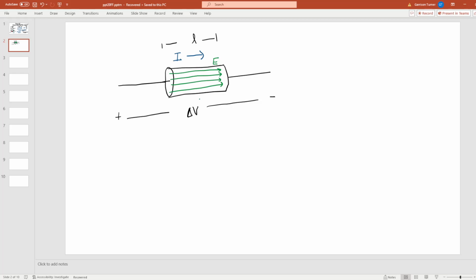If there's current, then we also have the magnetic field, and the magnetic field is making a loop around the resistor, looping up around this way.